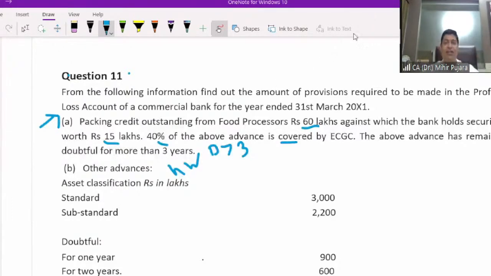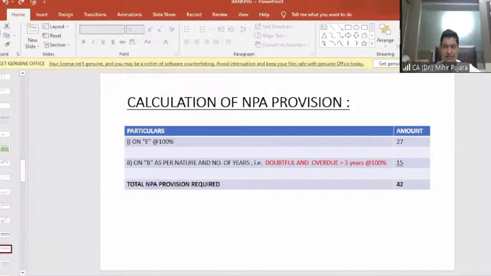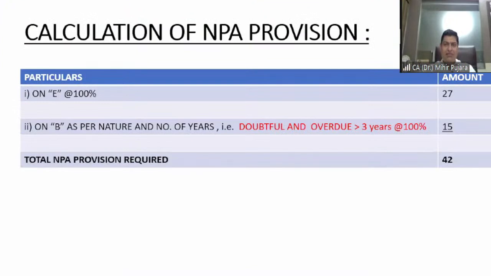So it is 42, guys. Answer is 42. Yes, like this. I hope now whosoever had a small mistake got the answer. On unsecured, that is 27, it is 100%. On 15, it is doubtful more than 3 years, so also 100%. So total 42, guys. I hope now it is clear.